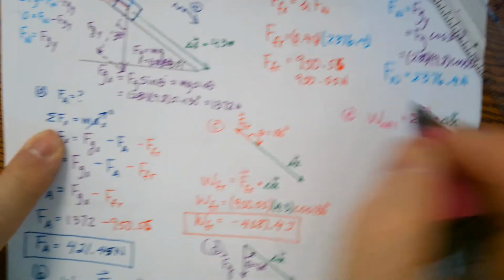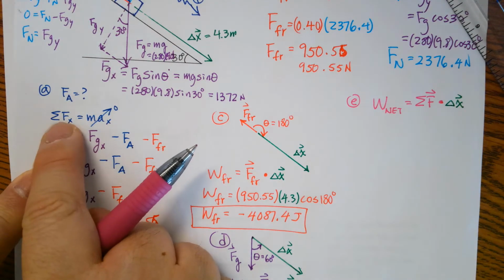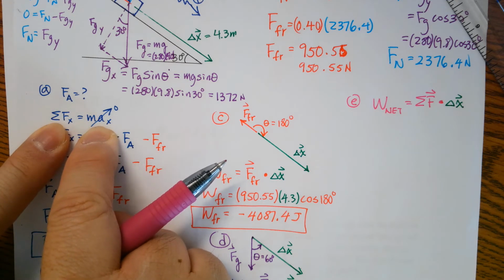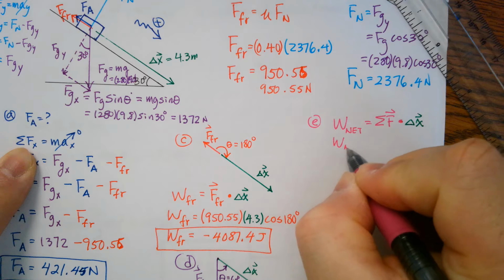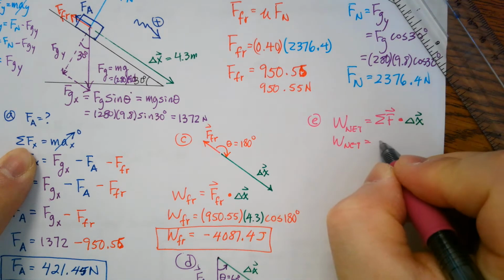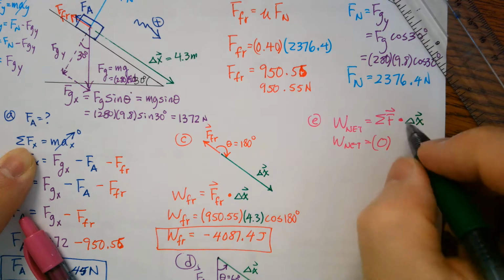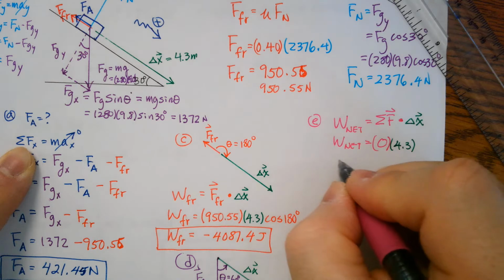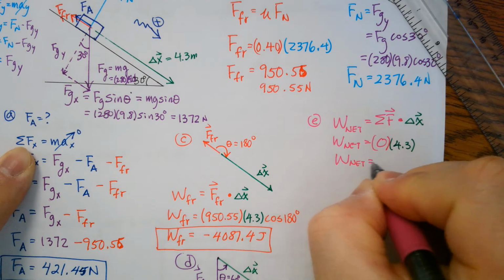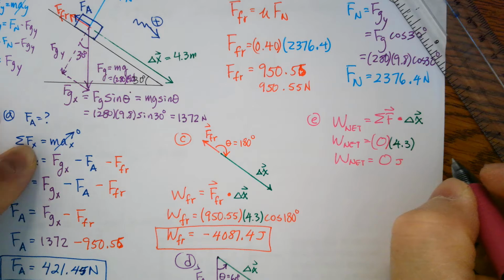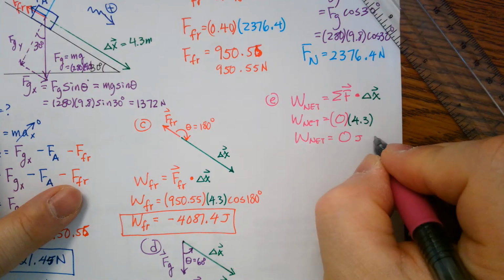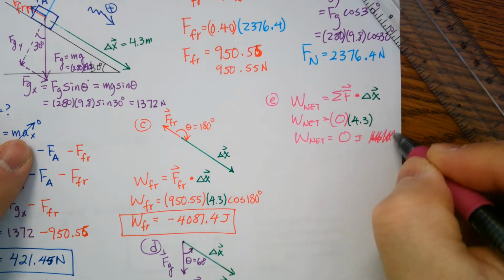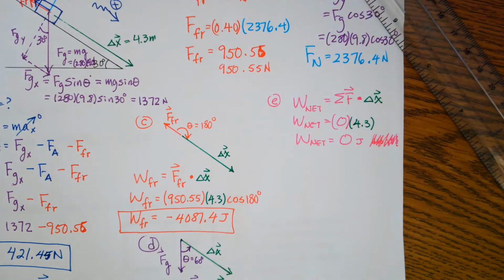My net force, if you look at it here, is equal to 0 because acceleration is 0. So my work net is equal to 0 times 4.3, so my work net is equal to 0 J.